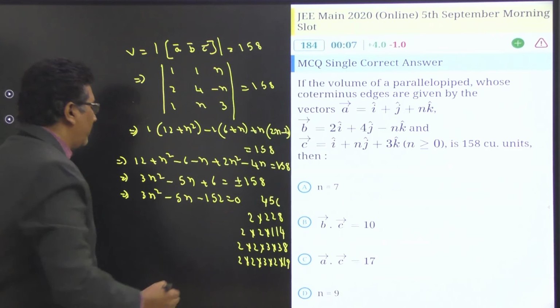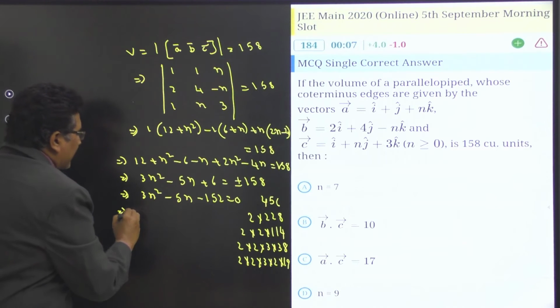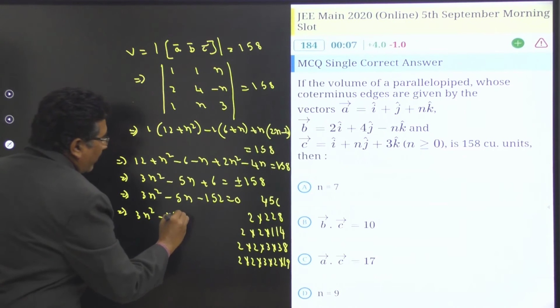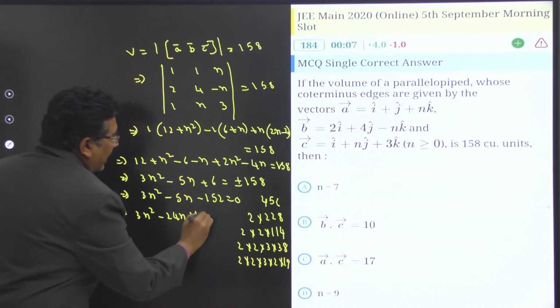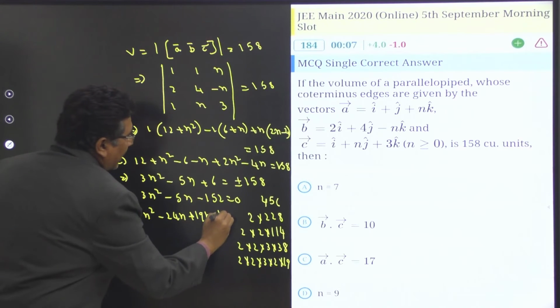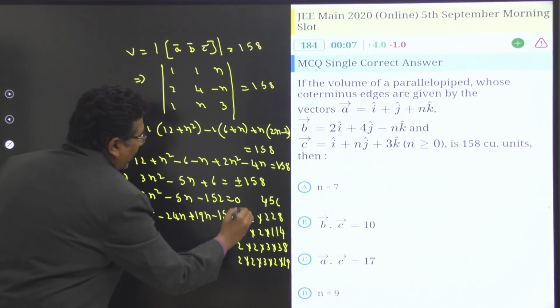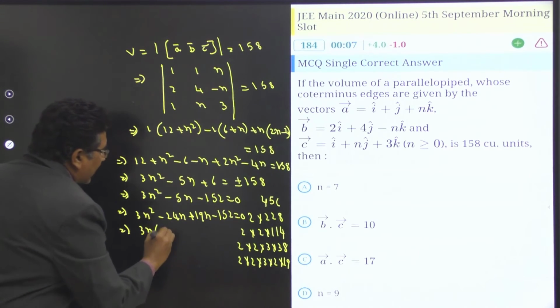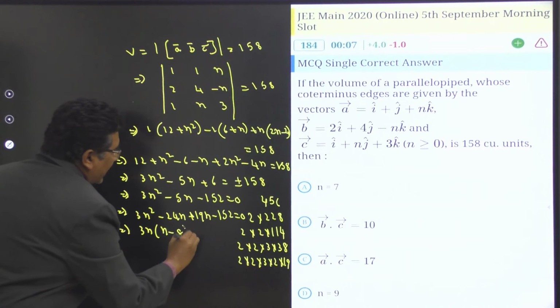Now that implies 3n square minus 24n plus 19n minus 152 is equal to 0. Now take 3n as common, n minus 8.